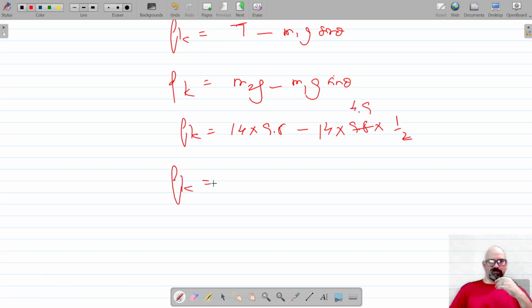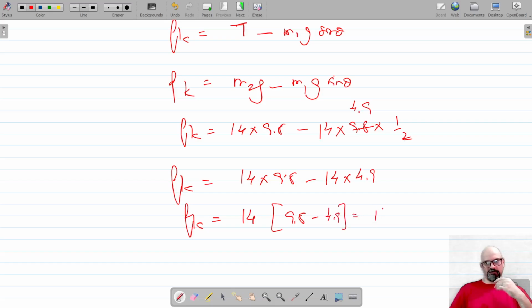The force of friction is equal to 14 into 9.8 minus 14 into 4.9, which is 14 into 4.9, giving us the force of friction equal to 68.6 Newton.